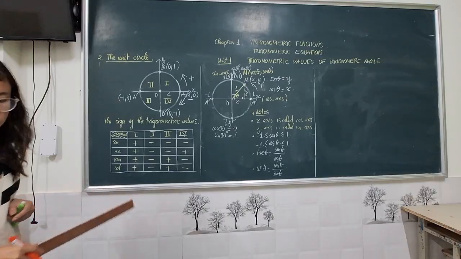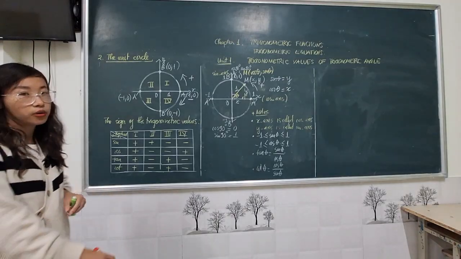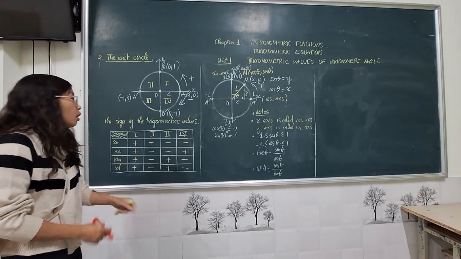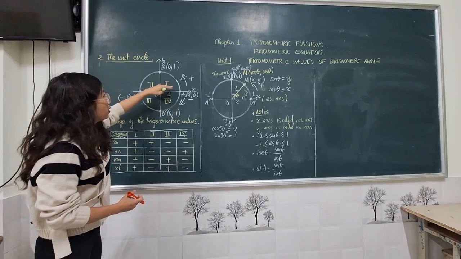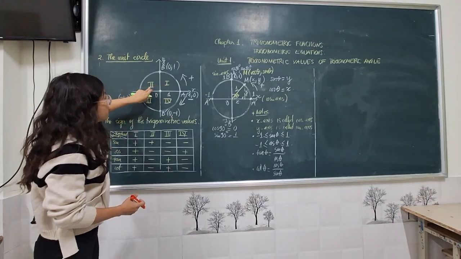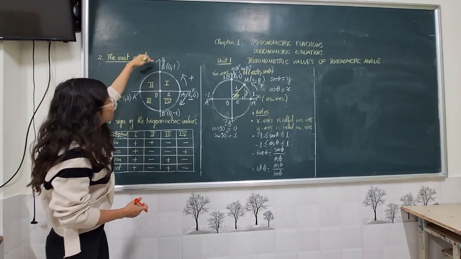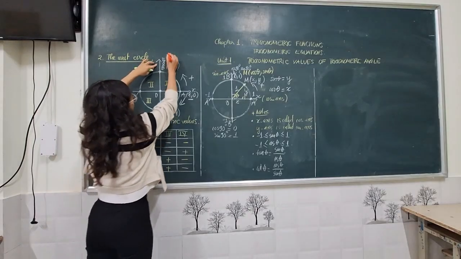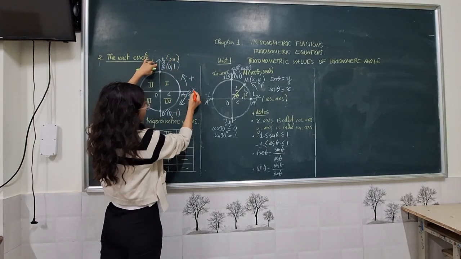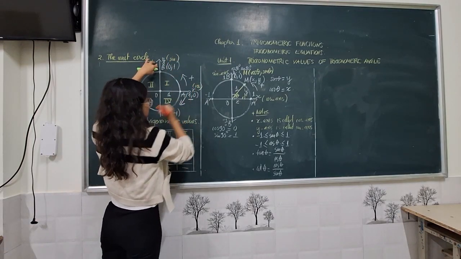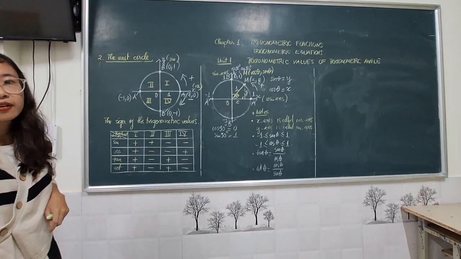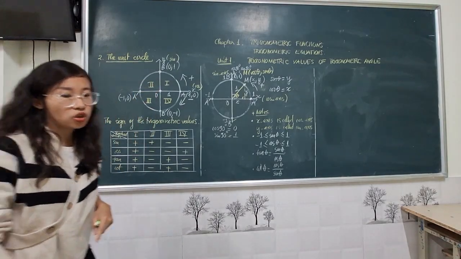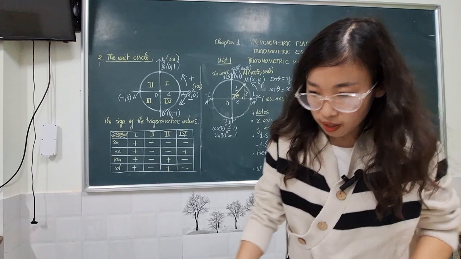So we can determine the sign of trigonometric values in the table, or you can draw the unit circle and write the quadrants like this. Remember, the y-axis is the sine axis and the x-axis is the cosine axis, to determine the sign of the trigonometric values.